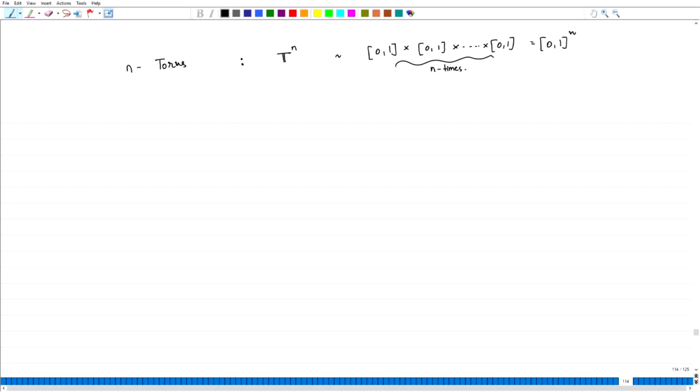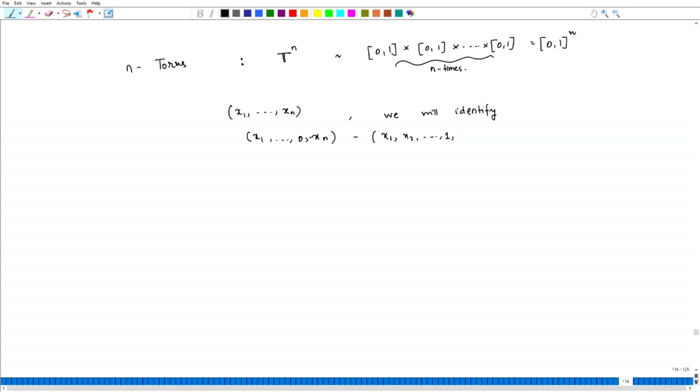The points here are essentially x 1 to x n, and now we say that we identify the 2 points x 1, 0, x n and x 1, 1, x n.